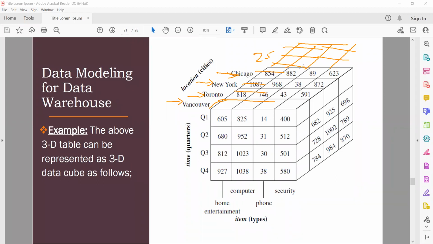Similar to this, how can you roll up? Someone suggest any answers on how you can roll up. If it is each district, we have 25 rows. Am I correct? How can you roll up? Anyone?